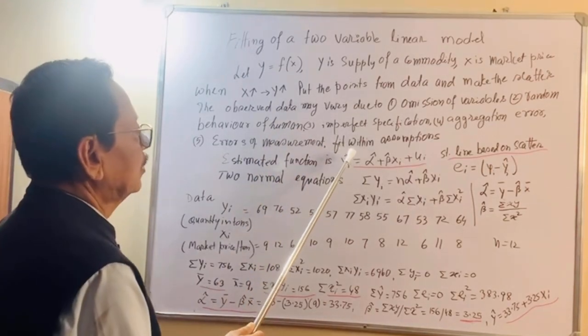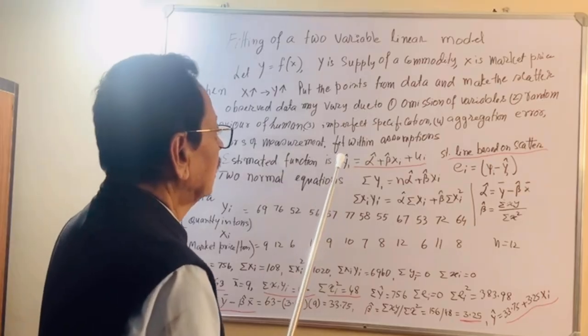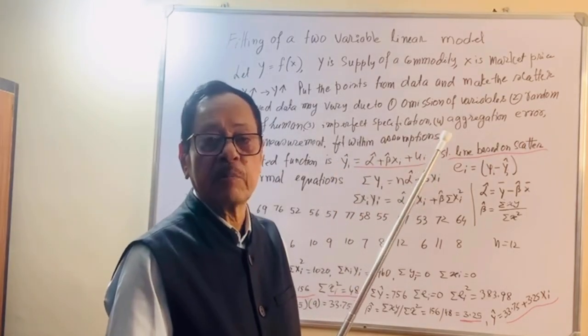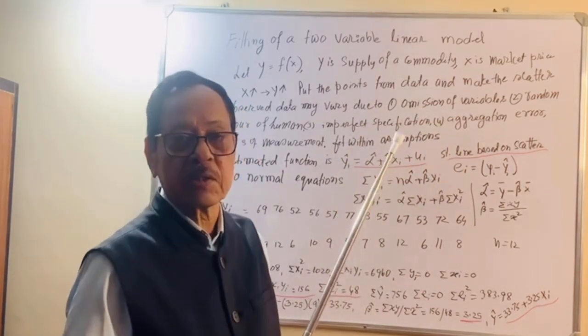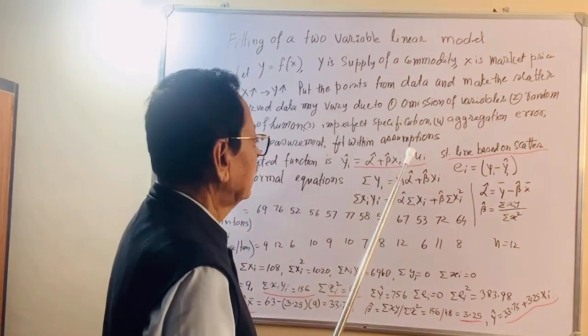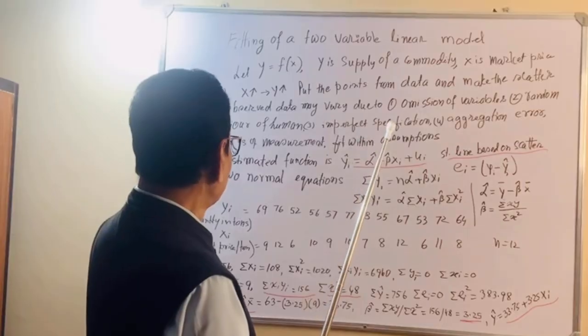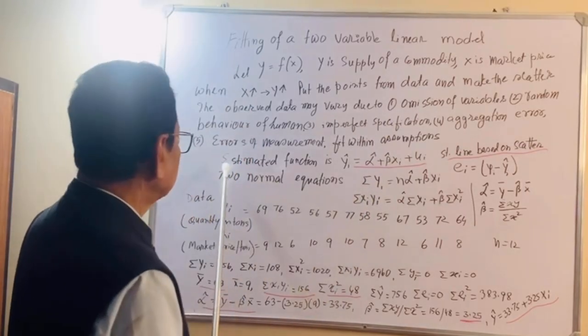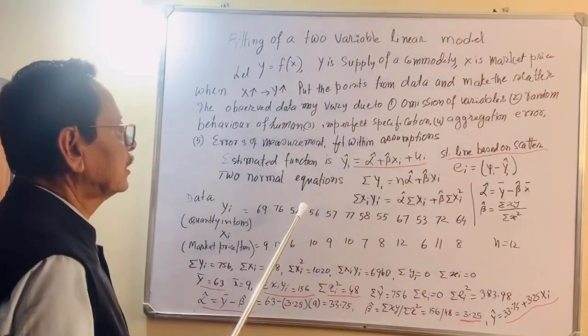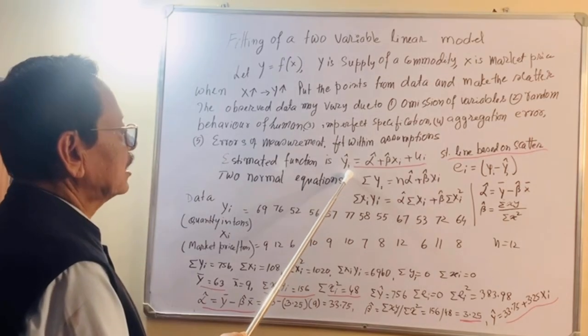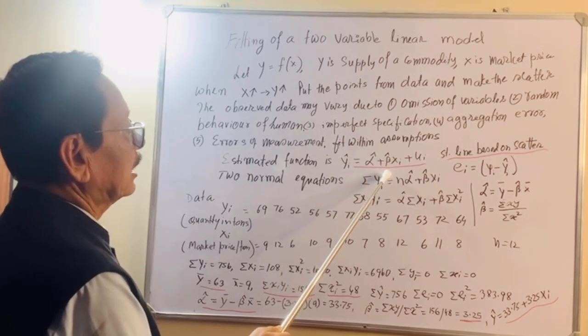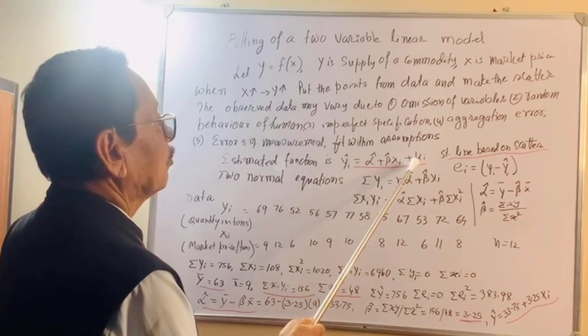That's why we will have to make some assumptions, that we have already discussed in the theory. What are the assumptions of linear models? Suppose the estimated function is yi estimated equals alpha estimated plus beta estimated xi plus ui.